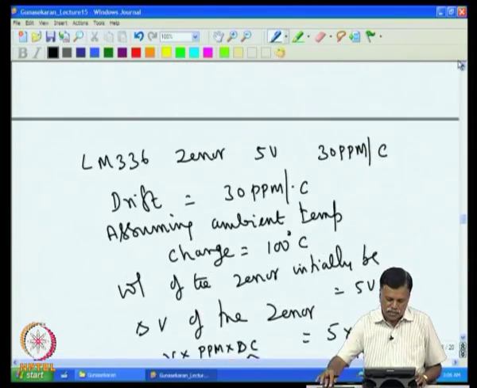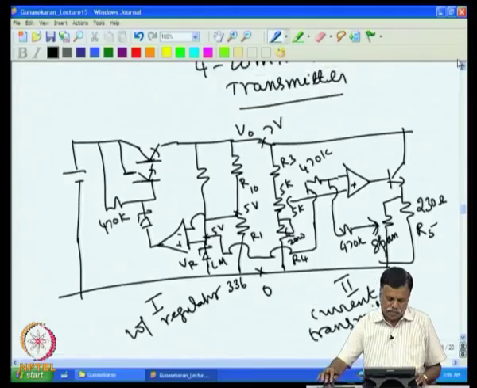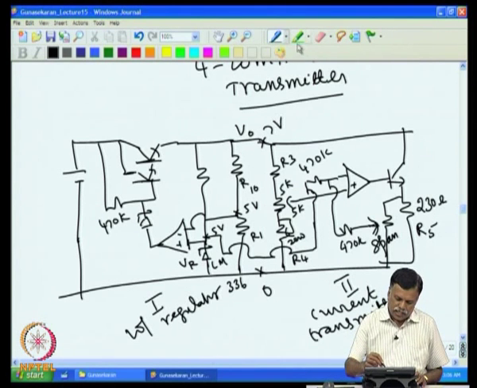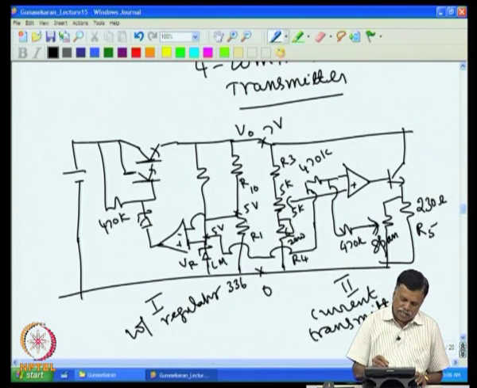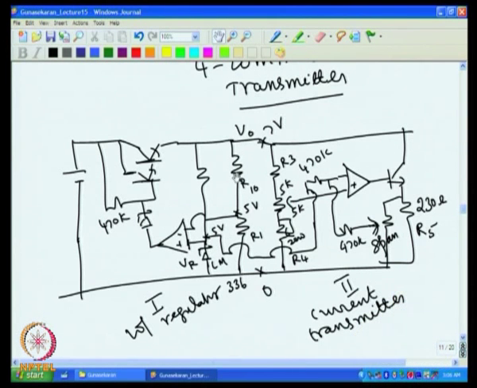There is one more error possible in the voltage regulator part, because if you look at the circuit that we are considering now, what is the error due to the Zener drift, what is error due to this and this. If because of this you got 15 millivolt change here, because of this Zener also we got 15 millivolt change. Of course, the offset voltage of this op amp can have a drift, that will also change the output voltage.